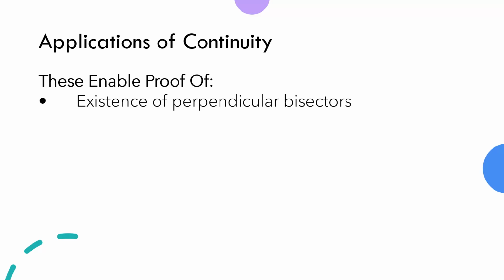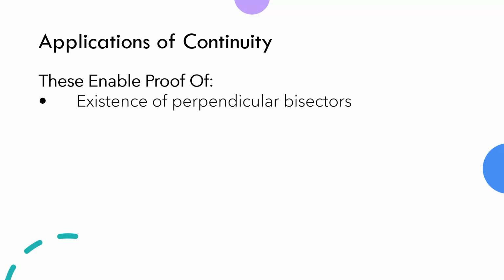If you can still recall from your grade 7, to construct a perpendicular bisector, you form a line, let's say segment AB. Using your compass, the opening should be greater than one half of the segment but less than the entire segment.